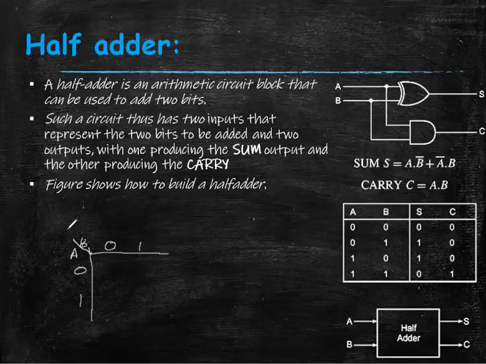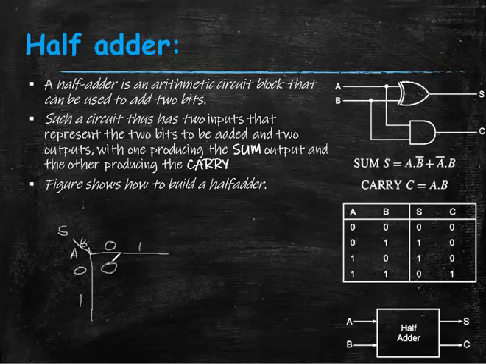First we write for the sum S. For 0 0, S is 0, and here it is 0.